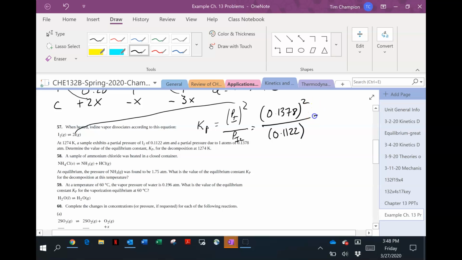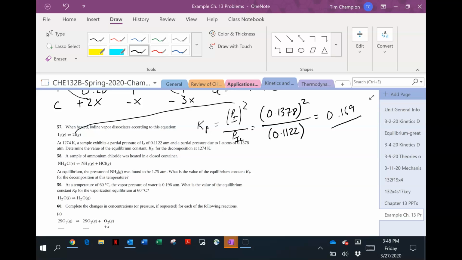And if we do that math, and no, I'm not going to try to do that one in my head, 0.1378 squared divided by 0.1122, I am getting 0.169 for that Kp value for 57. So not too much of a problem there, pretty straightforward thing.